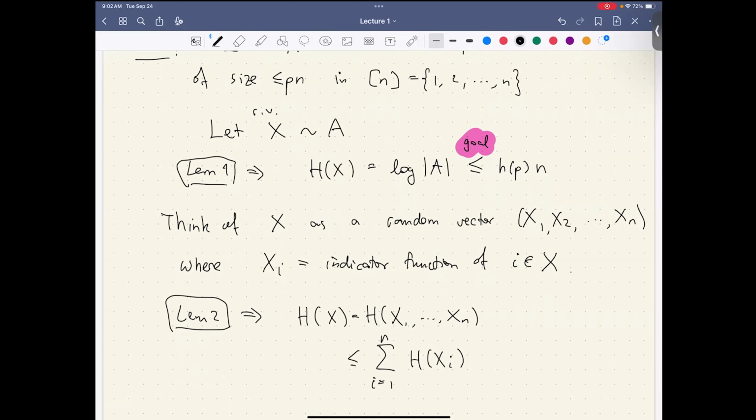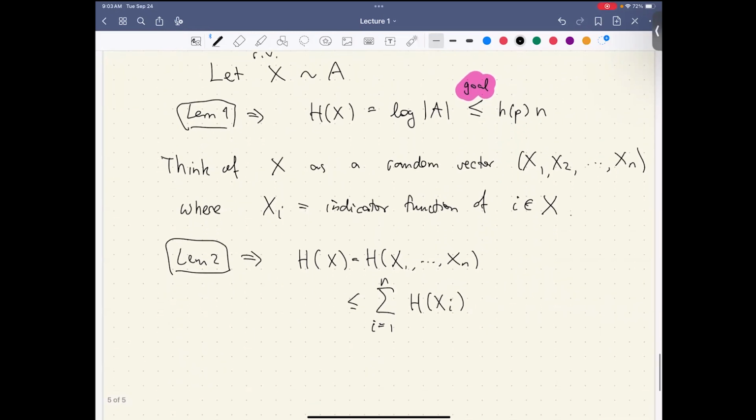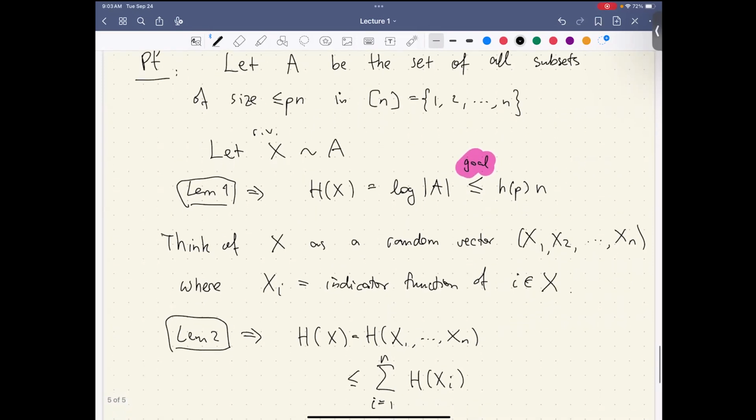How does Xi look like? Since X is uniformly randomly chosen, its weight is never more than pn.